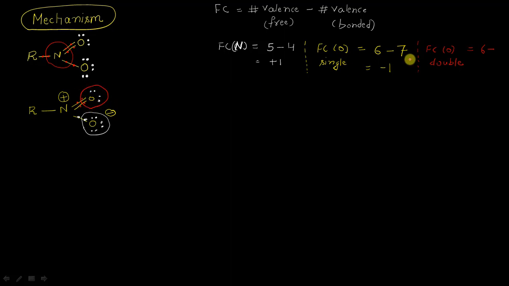And 6 minus 6 will give me a formal charge of 0. So there is no need to put any charge over this double bonded oxygen atom because it has 0 formal charge. So finally we have a situation in which this nitrogen atom has a positive charge and this oxygen atom has a negative formal charge.